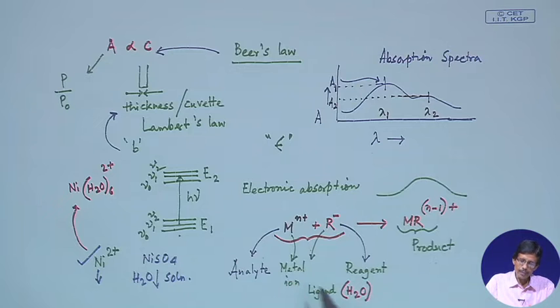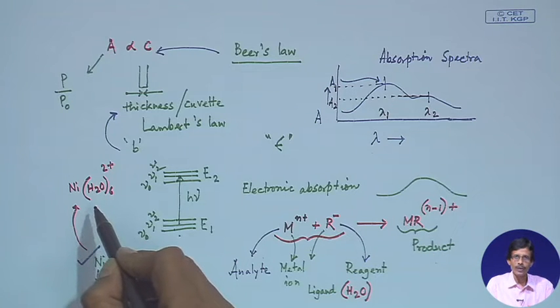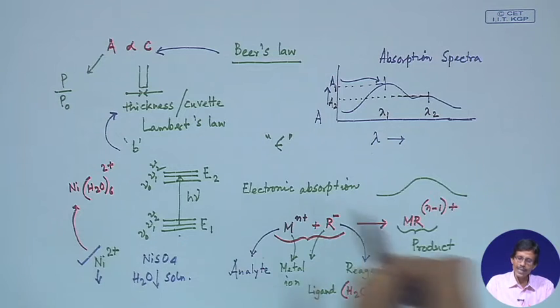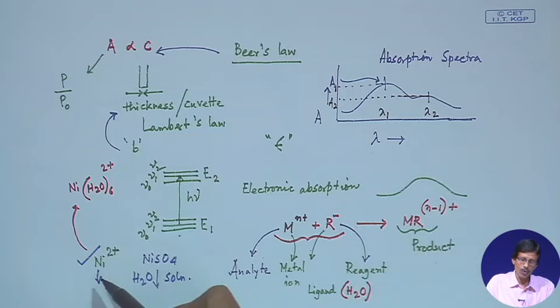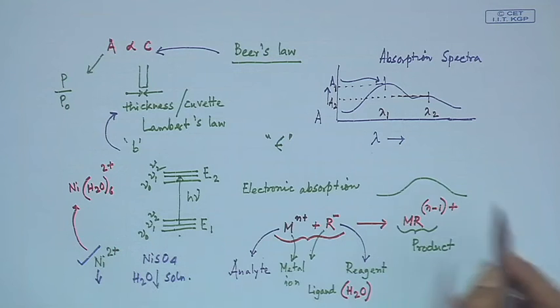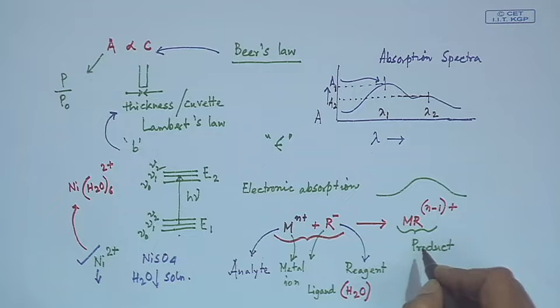So, the metal ion can react with your ligand, which can be H2O, such that the corresponding product is nothing but your hexa-aqua complex. This hexa-aqua complex can be monitored by electronic spectrum such that you can find out the unknown concentration of this, but it so happens that the color intensity is not very high.